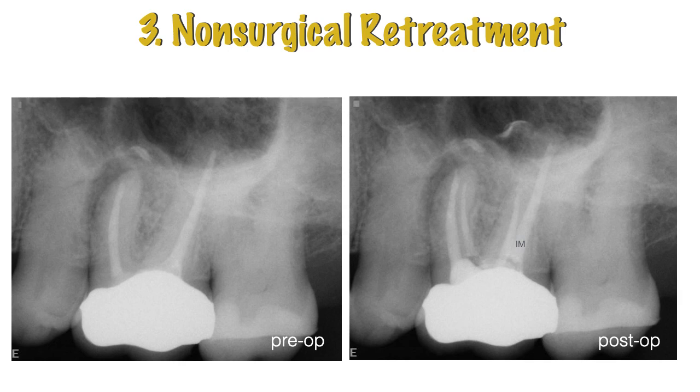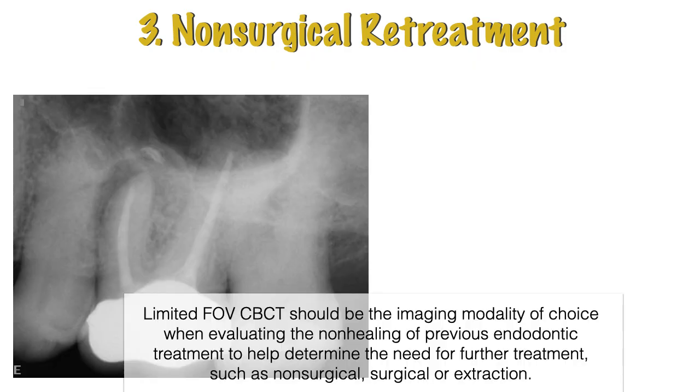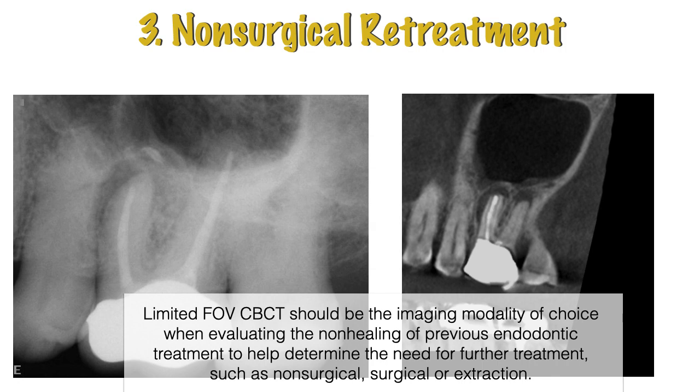CBCT scans don't pick up fractures. CBCT scans don't pick up cracks unless they are already very dramatic. So I shouldn't say they don't. They rarely pick up fractures. They rarely pick up cracks. So what we see here, let me go back, is again bone loss patterns that may make us believe that there is a fracture.